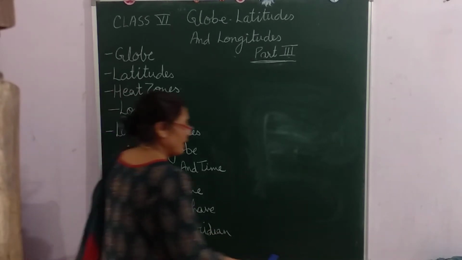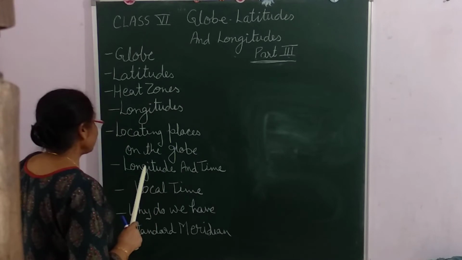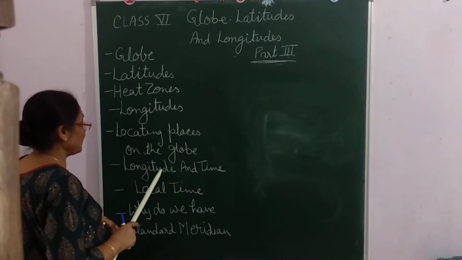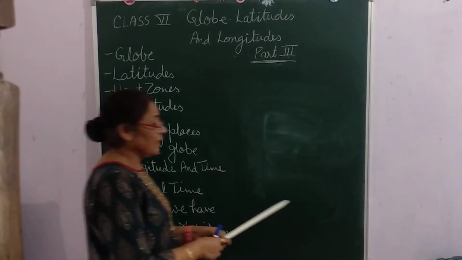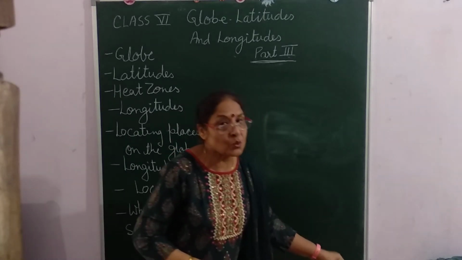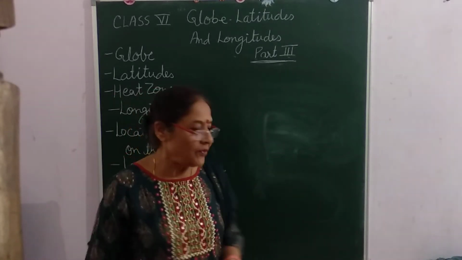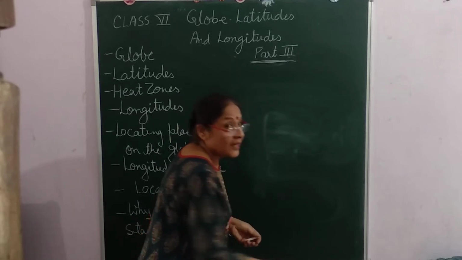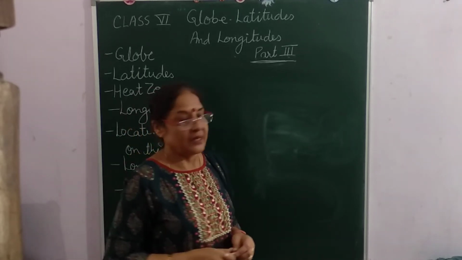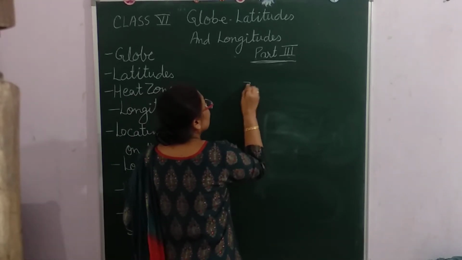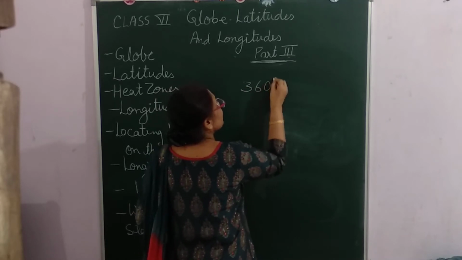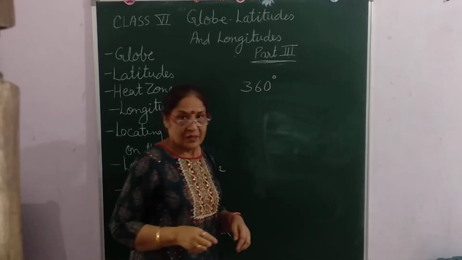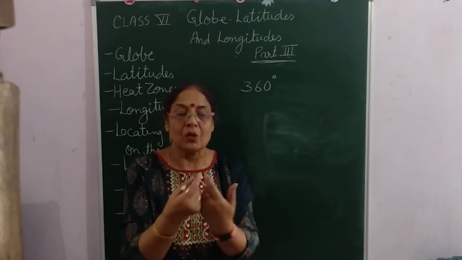Clear? Now, what is the relation between longitude and time? How many longitudes do we have on the globe? We have done this in the previous session. We have 360 degrees, 360 meridians on the globe.